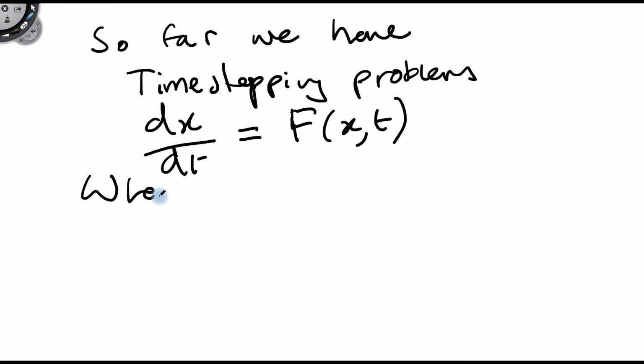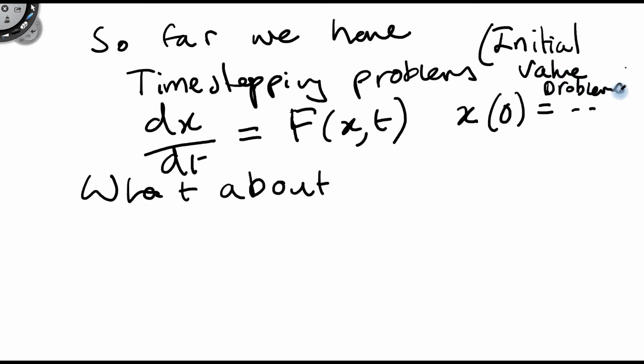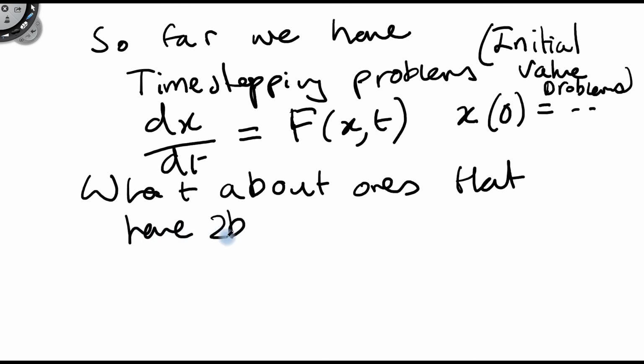And this requires an initial condition, often you have x at time equals 0 equal to something, so these are sometimes also called initial value problems. And very common. But what about ones that have, say, two boundary conditions?